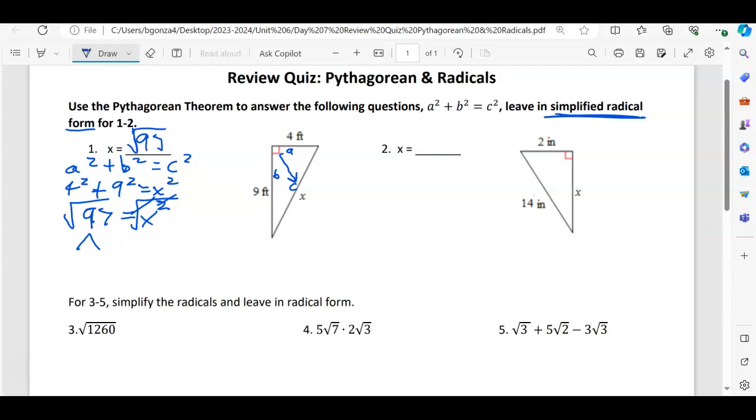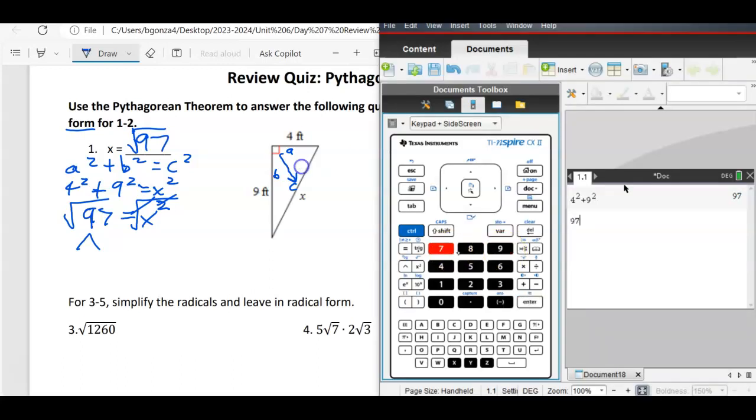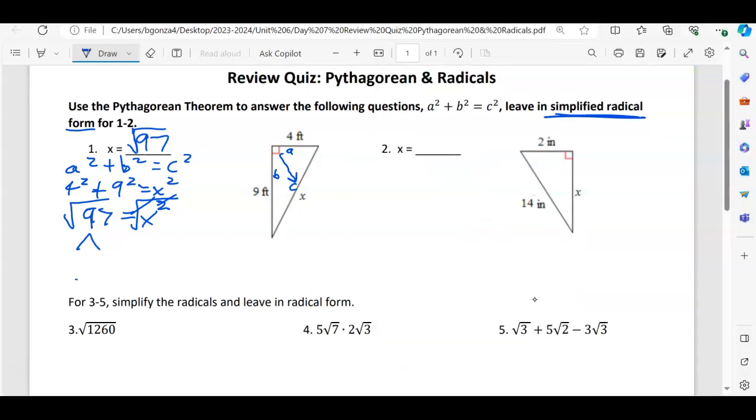Cool. So again, what you would want to do is try 97 divided by 3, 97 divided by 5, 97 divided by 7. And you keep trying numbers, but nothing's going to work. 97 is prime.